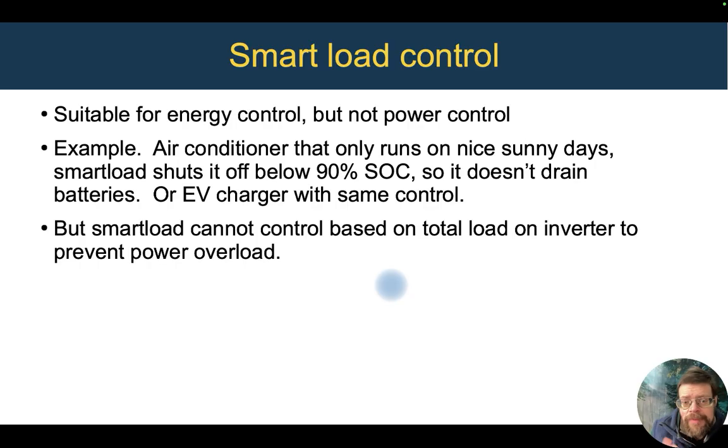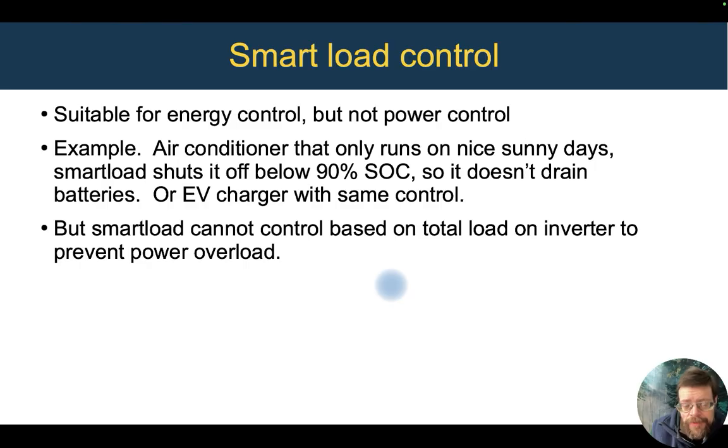That's pretty easy to program the smart load: if the battery state of charge is above, say, 90%, it'll run the air conditioner, but once it drops below 90%, it shuts it off, so we don't drain those batteries running the air conditioner when the sun's not there.